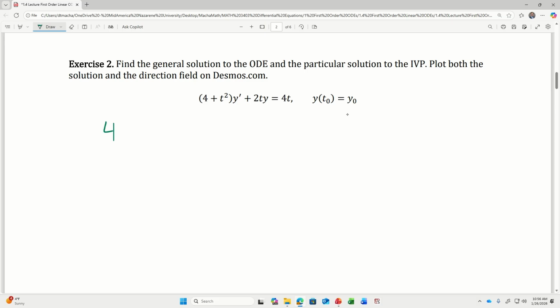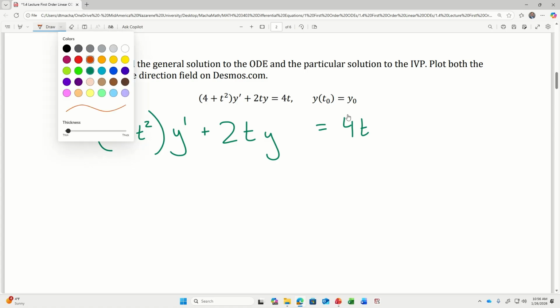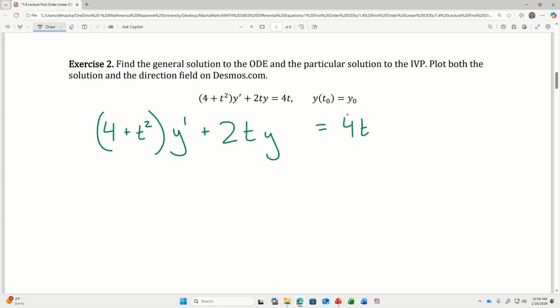When I see 4 plus t squared times y prime plus 2ty, this looks to me like it looks a little bit like the right-hand side of the equation in the derivative product rule.